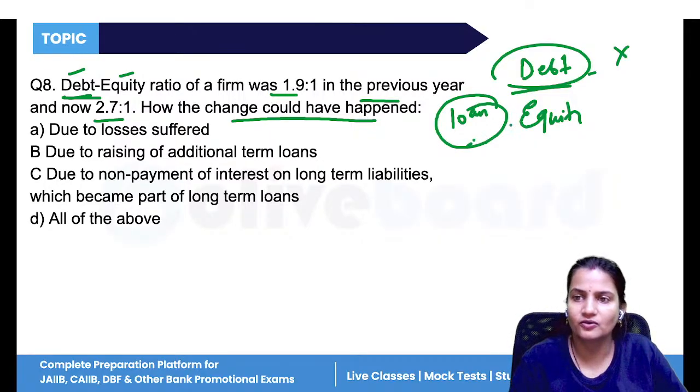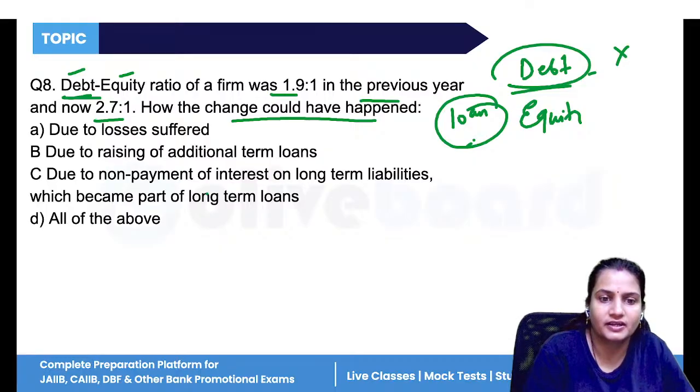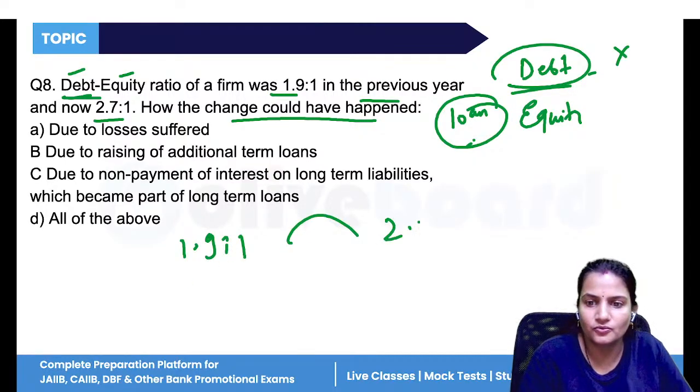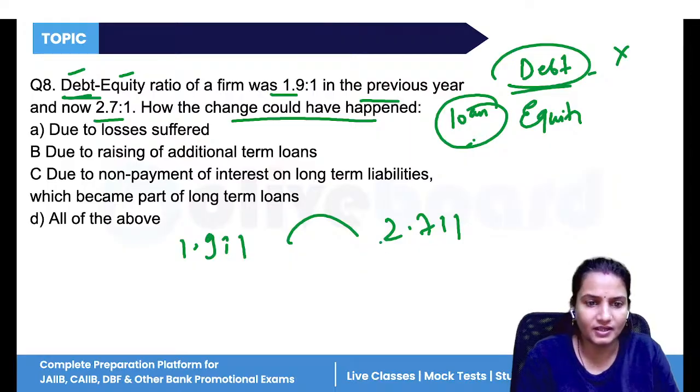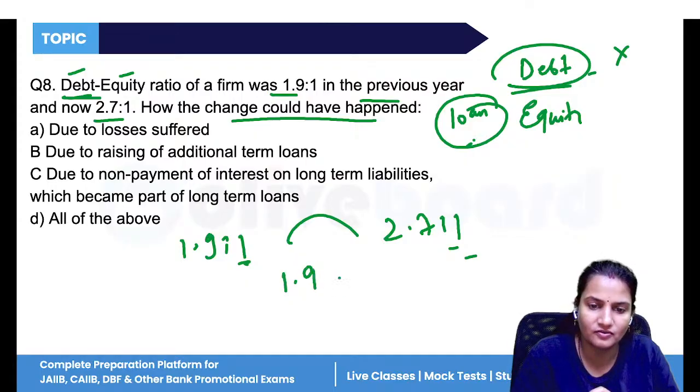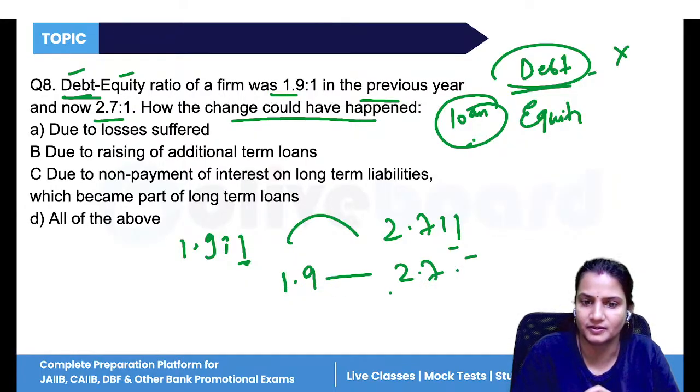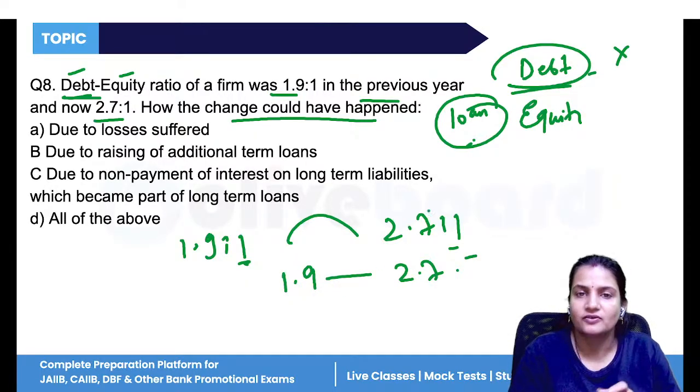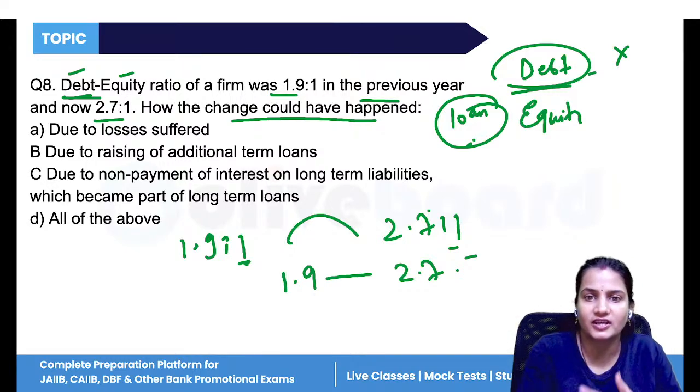You have taken more loan, it means the company is not healthy. So debt equity ratio was 1.9 is to 1, then it increased to 2.7 is to 1. It means your equity is the same. The value of equity is 1, but your debt is increasing from 1.9 to 2.7. So it means that you have taken more loan in the company. And how could the change have happened?